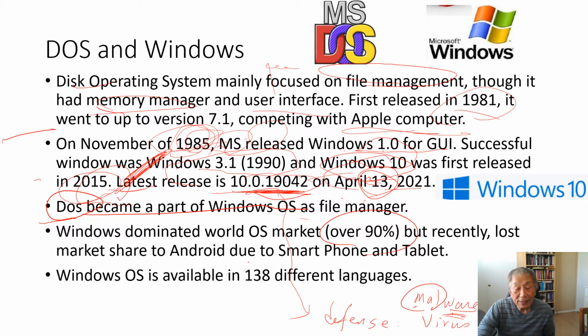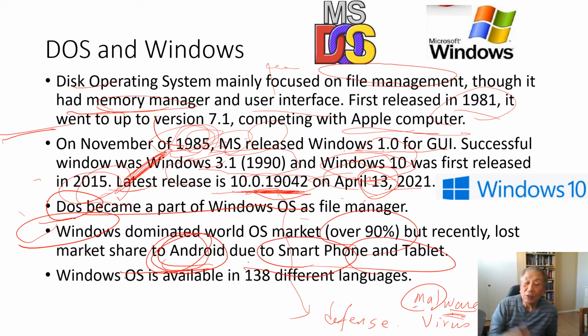So right now, Windows is the dominant operating system, but it lost market share to Android because of smartphones and tablets. Almost everybody has a tablet or smartphone. Actually, the number of smartphones is larger than the number of computers owned by the general public.